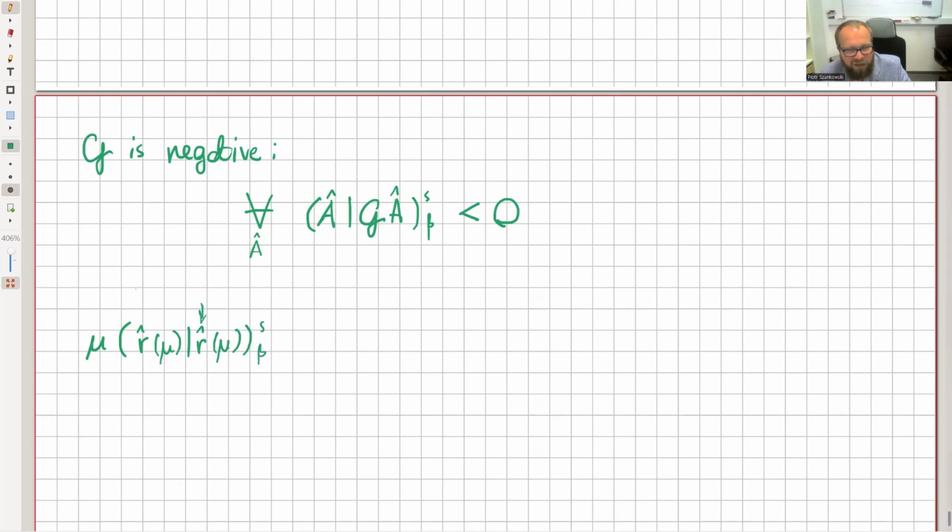That would be an eigenvector of iJ plus G. Let's say we found one. And if we normalize r, that would be just one, and you multiply it by the corresponding eigenvalue, which we can write as the real part of mu plus i times the imaginary part of mu.